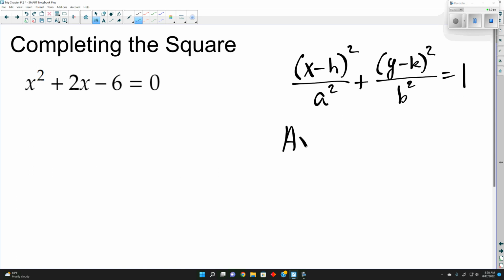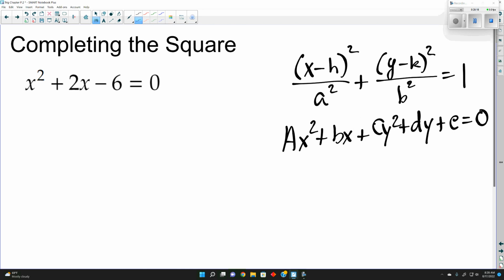Most likely they'll give it to us in this form here. So we'll have to use completing the square to work it back out so that we get it in the form we want. So it's good to at least be familiar with completing the square.